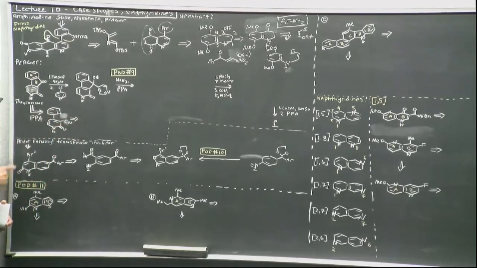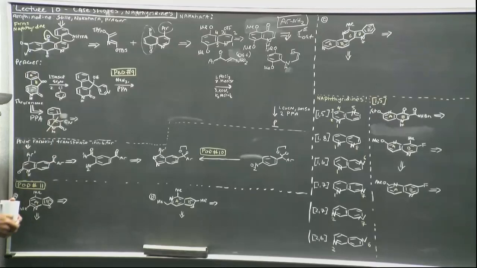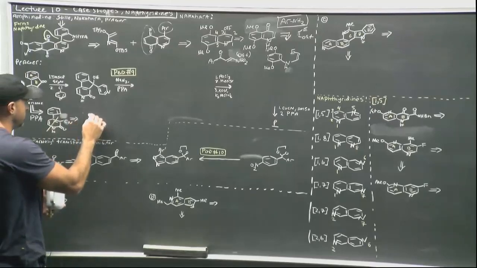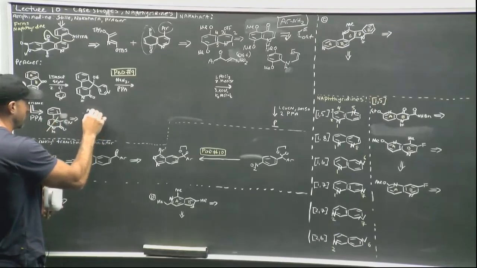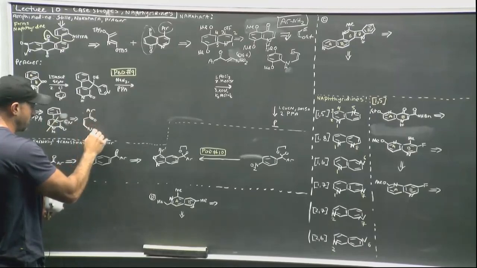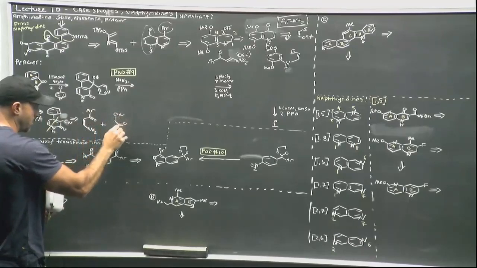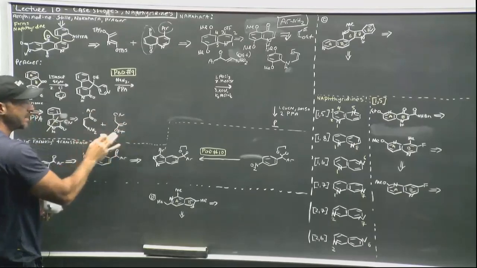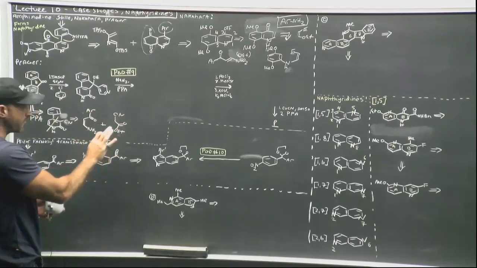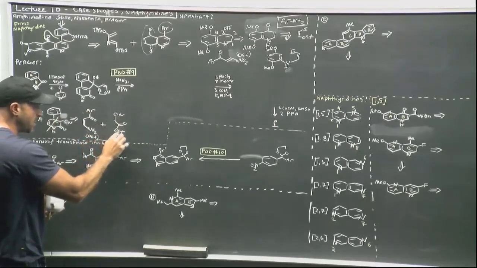Is this a signaling element for a type of reaction? They did it this way, but it's no problem if you propose on paper, this is OEt and this is NH2.